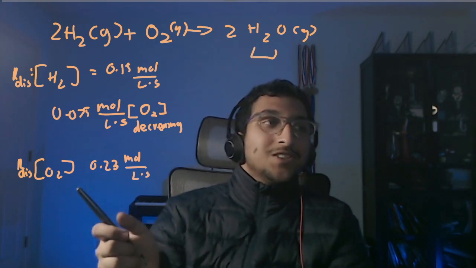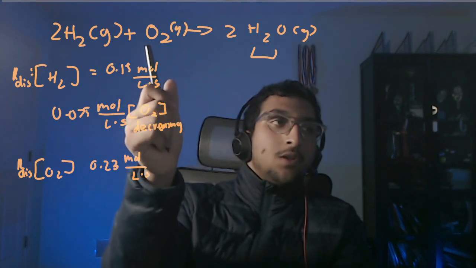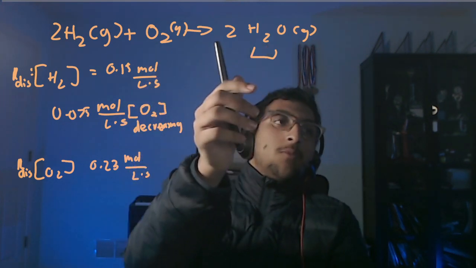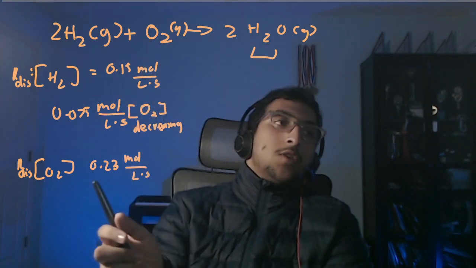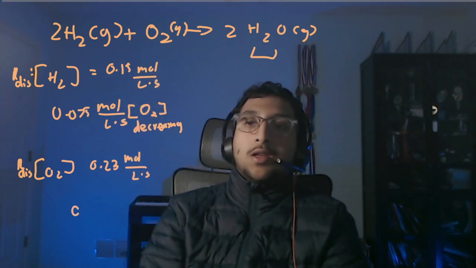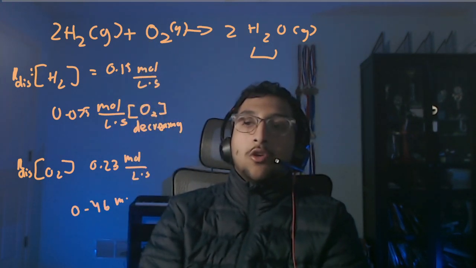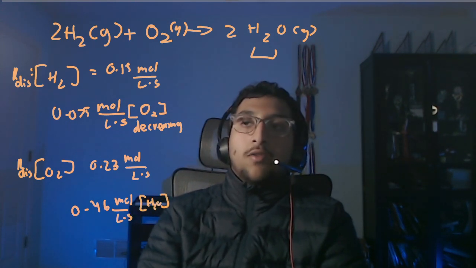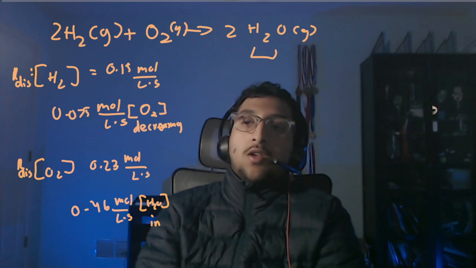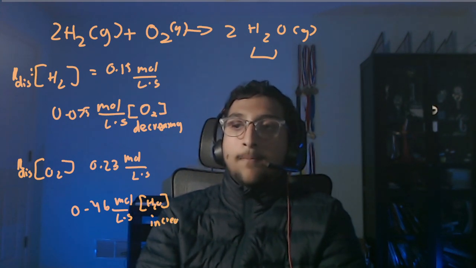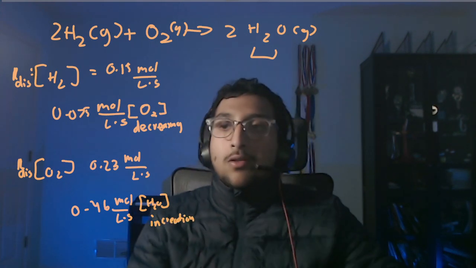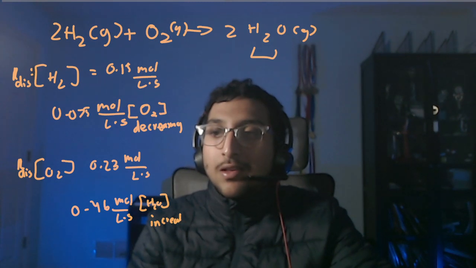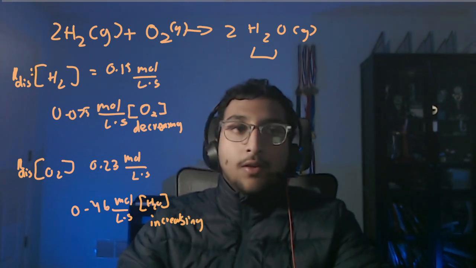Need to stop saying that so much. 0.23 is here. H2O is being formed twice as fast as oxygen disappears, so we just need to multiply by 2. That's pretty easy: 0.46 moles per liter times second H2O. And it's always nice to say increasing or decreasing, or you can say formation or disappearance. Stuff like that.